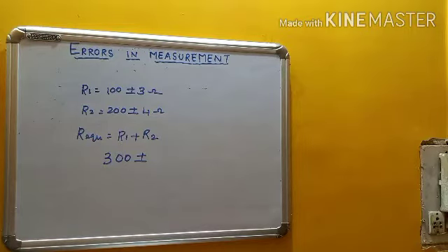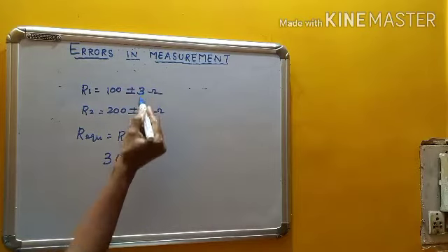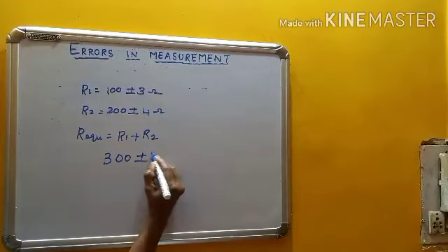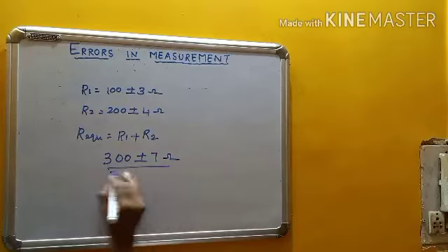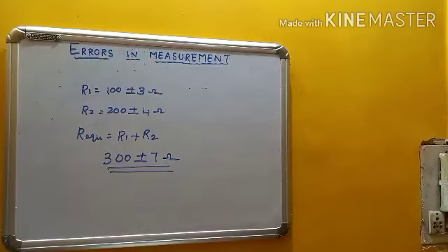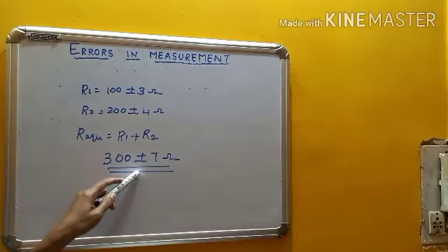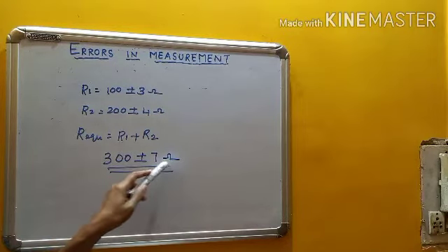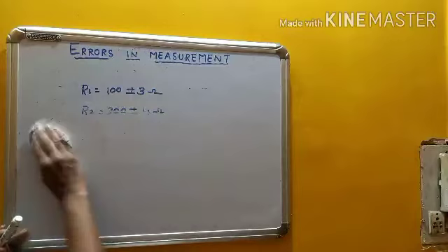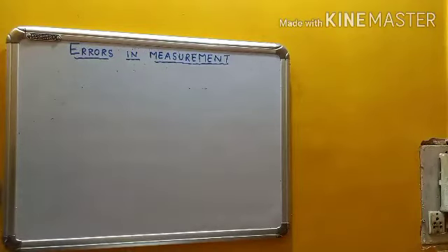The absolute errors are also getting added to find out the maximum possible error. So we have to add the absolute errors also. 3 plus 4, 7 ohm. So what is the equivalent resistance? R equivalent is equal to 300 plus minus 7 ohm. Clear, children?